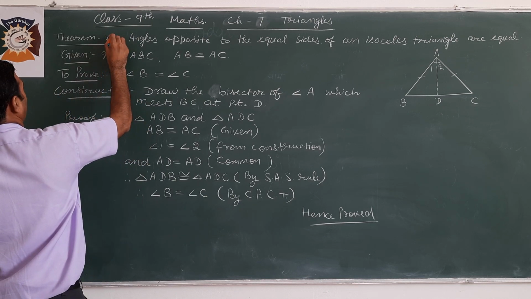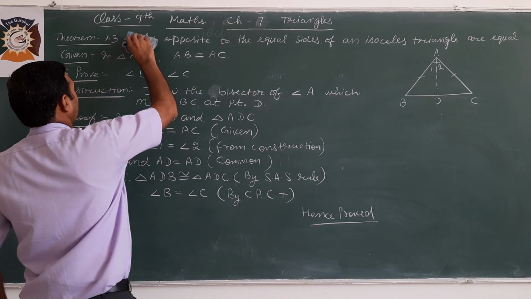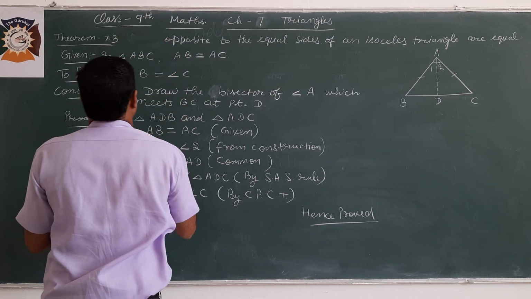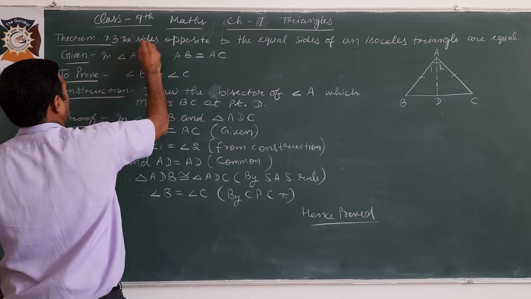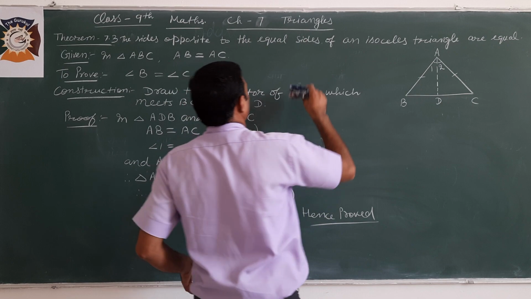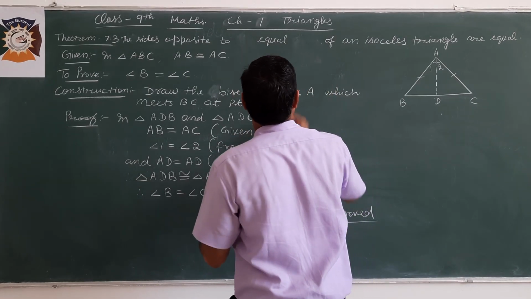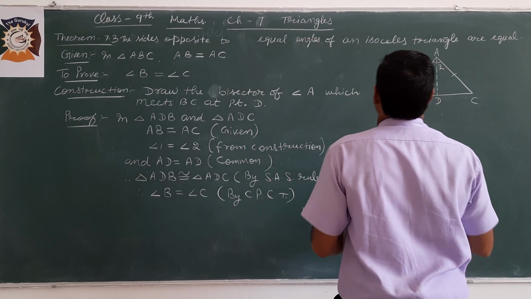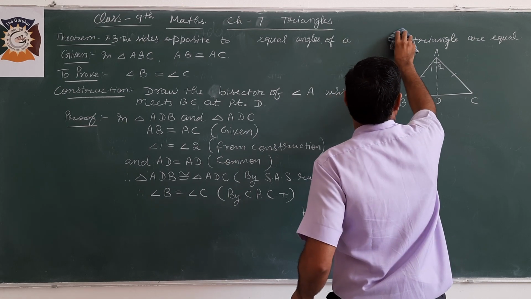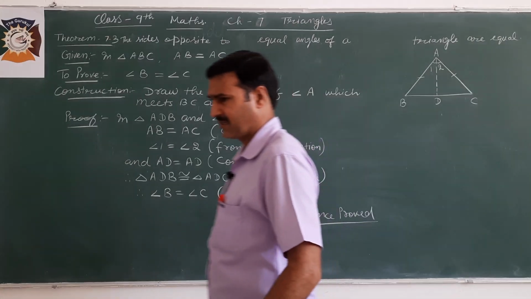First of all, the sides opposite to equal angles of a triangle, not an isosceles, because angles are equal.